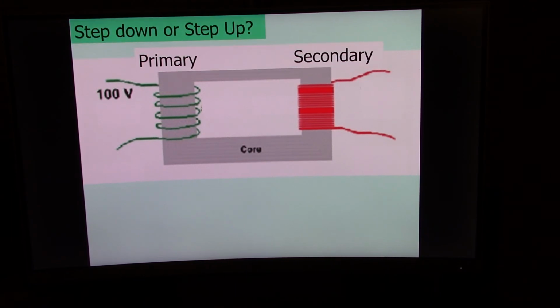So just looking at it, you could say it's a step-up transformer because there are more coils on the secondary. So it's 5 turns and 20 turns. This has 5 turns in here, there are 20 turns here. It looks like more than 20, but anyway.